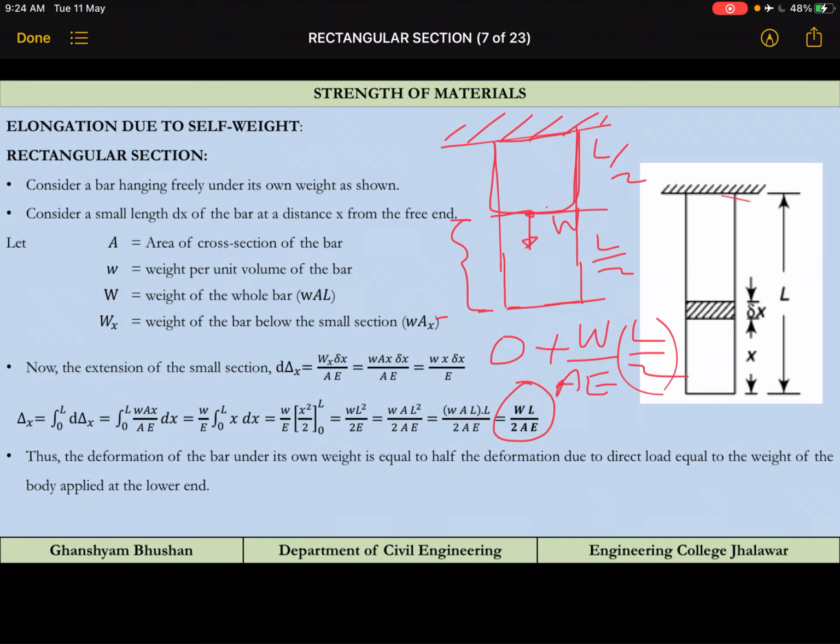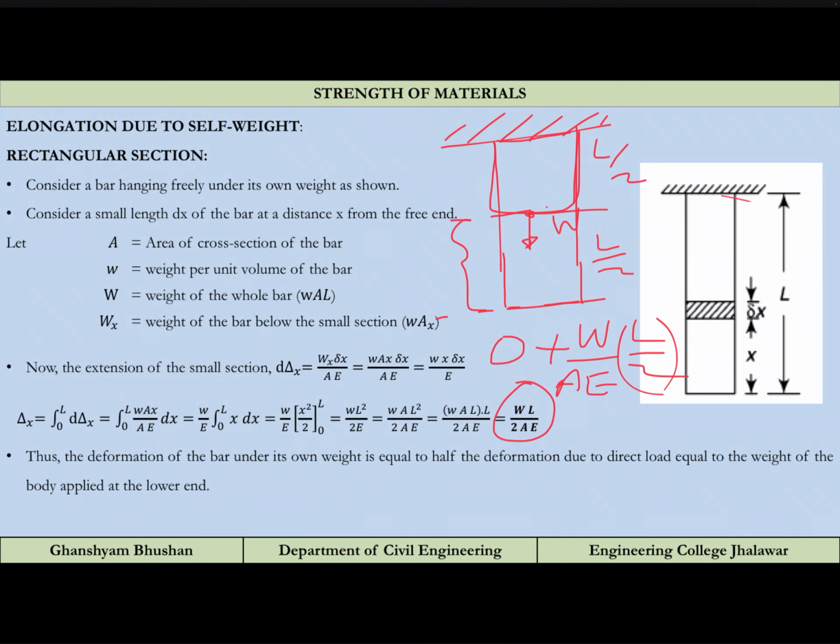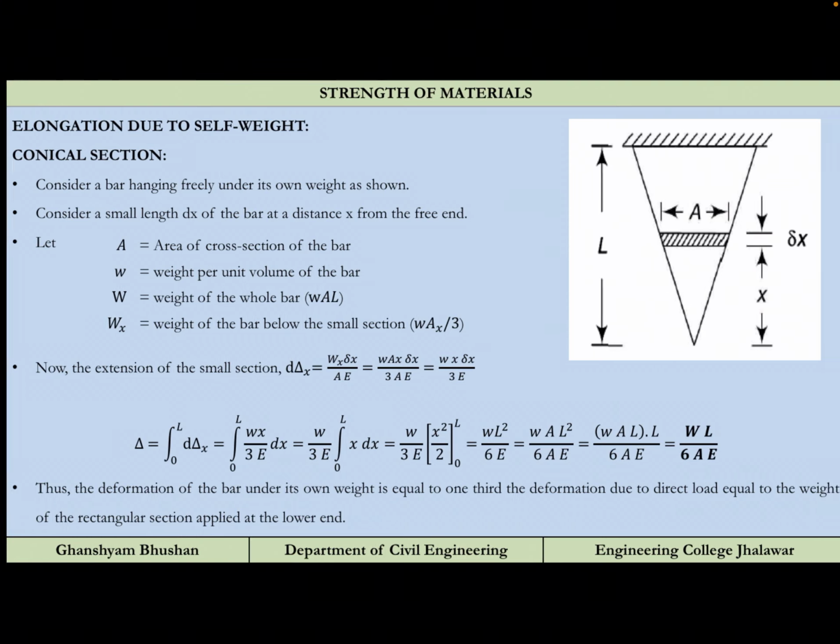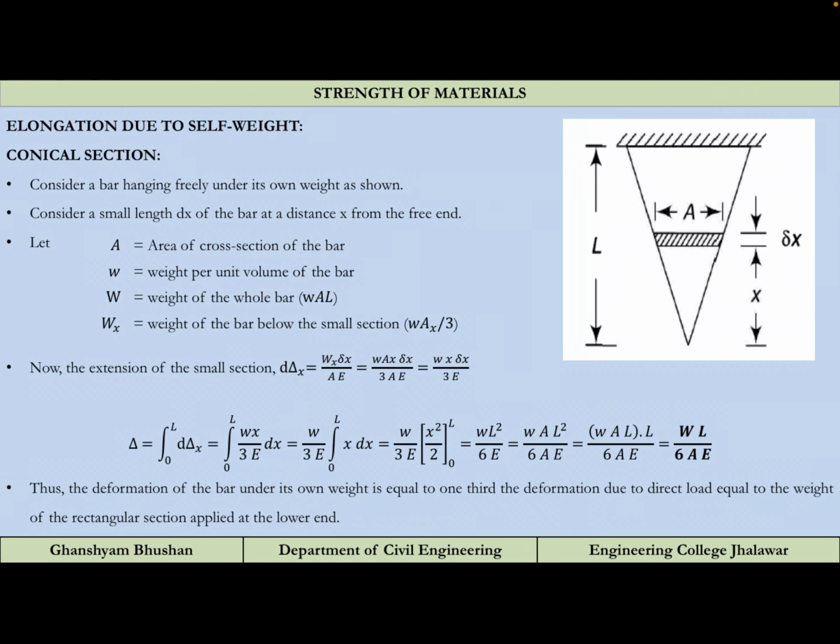Clear? Now this was the rectangular bar, so the cross section area was constant. What if we have a conical bar? How are we going to deal with that? The problem here is that the area is also not constant, the area is also changing. Now the same, we are considering a hanging bar under its own weight. Area is given, capital W is total weight, Wx is the weight of the bar below that section. Now it will be reduced by 1 by 3.